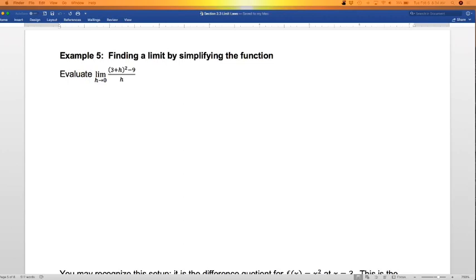And so the best strategy with this setup is to figure out what our numerator actually looks like if I multiply that out.